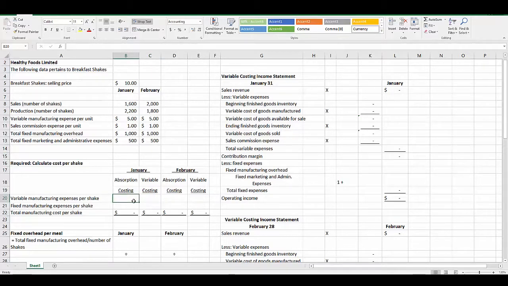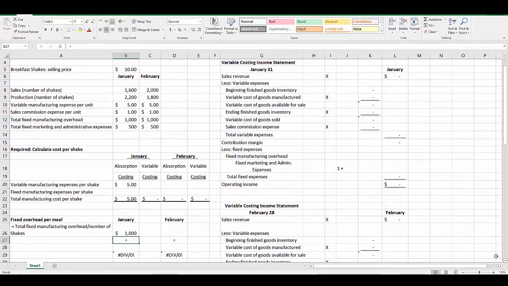With that being said, let's illustrate how we come up with the absorption costing. We're told here that the variable cost is $5 per shake. Now we want to know what the fixed cost is. We know the fixed cost in dollar terms is $1,000. So we put in $1,000 here, and we are going to divide that by the number of shakes produced, not the number sold.